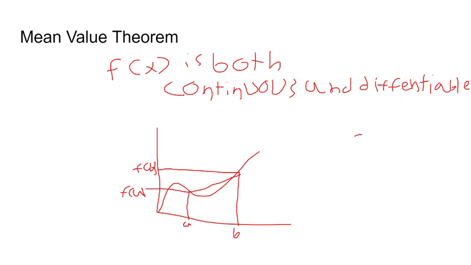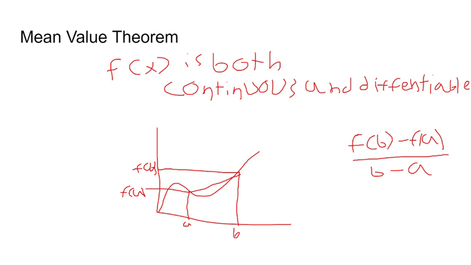It's just the difference in y over the difference in x, which is f of b minus f of a over b minus a, right? Average rate of change, rise over run.